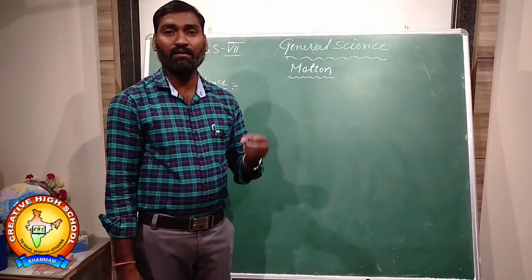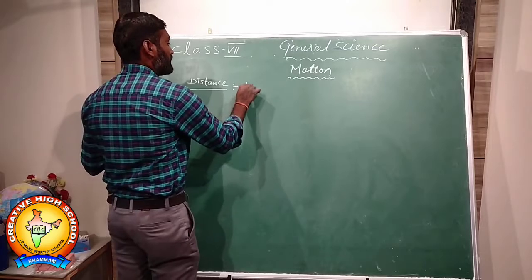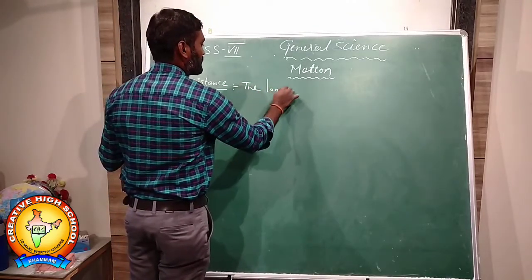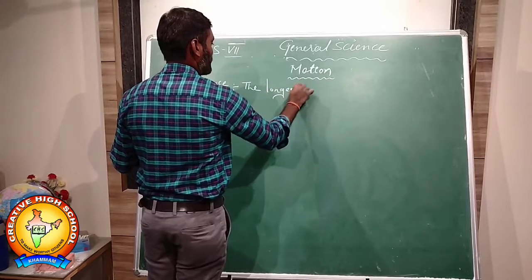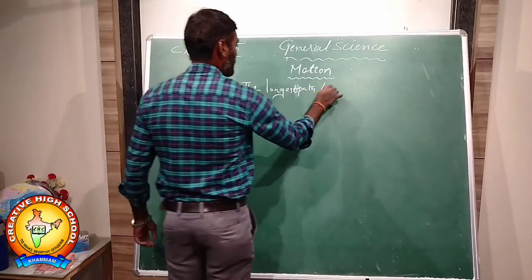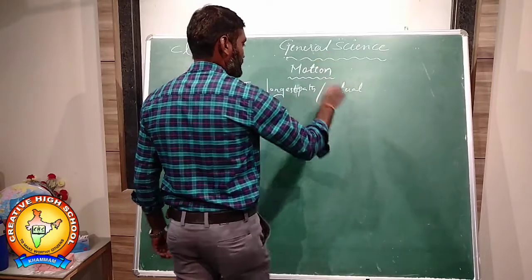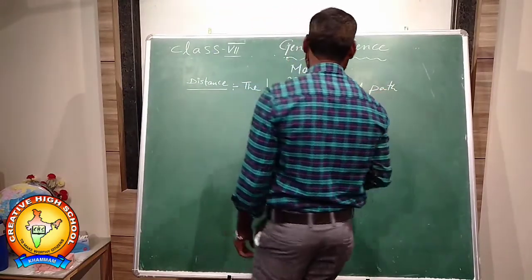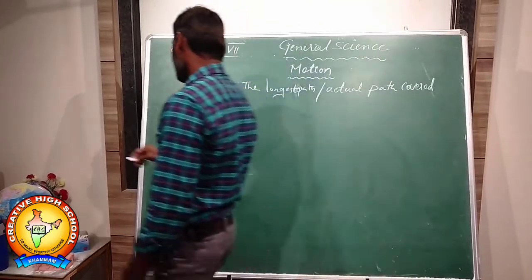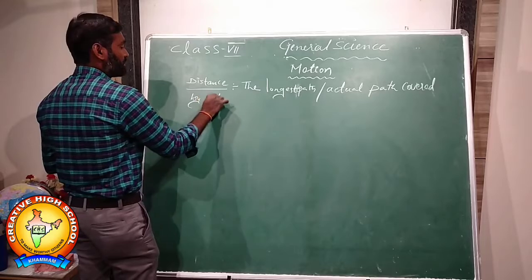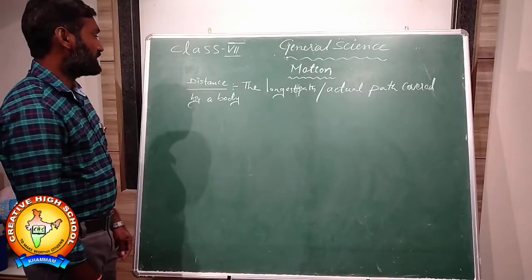The longest path or the actual path covered by a body is called distance.